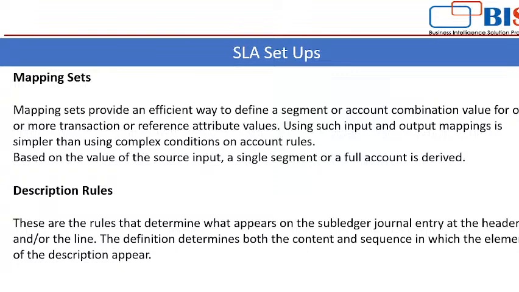So while creating the description rule, you can select the information that you want to display at the time of journal entry. From description rules you will get prima facie information about which kind of expense this is and which project it relates to. So now I will move to my application and see where we can create these description rules and how we can select the fields for them.